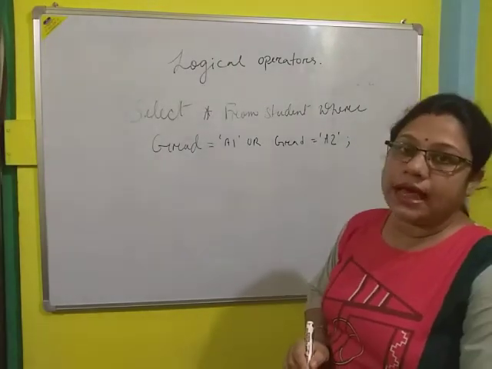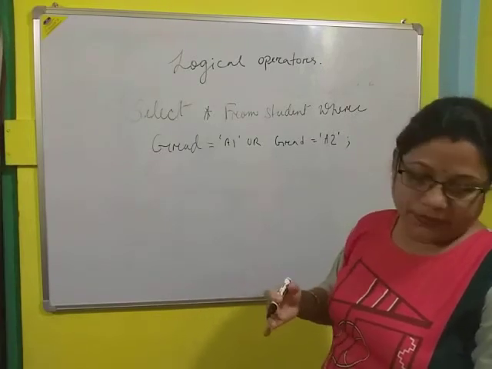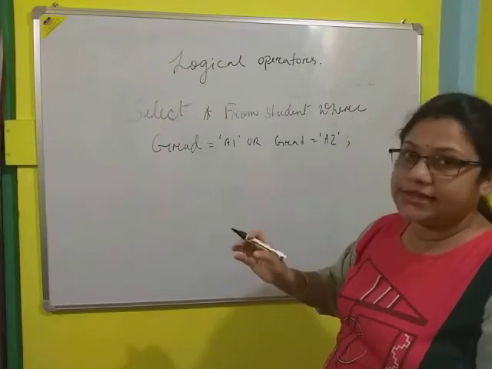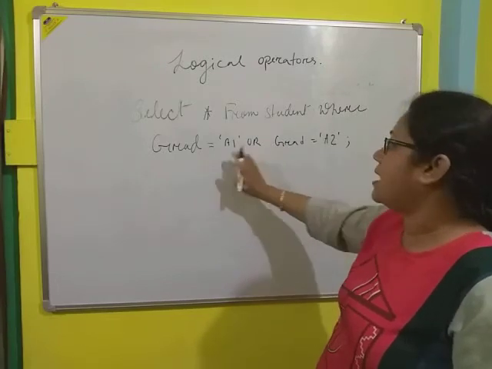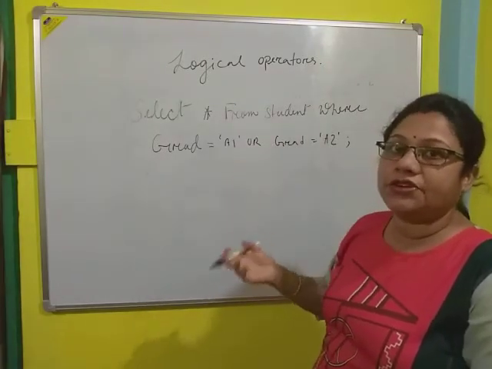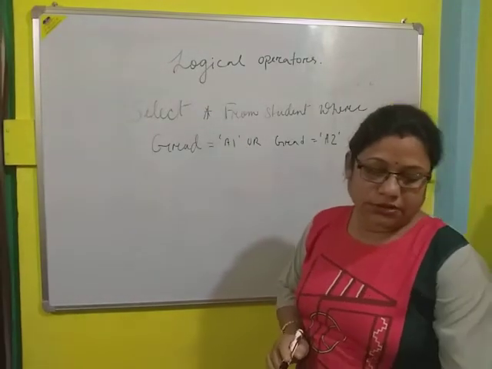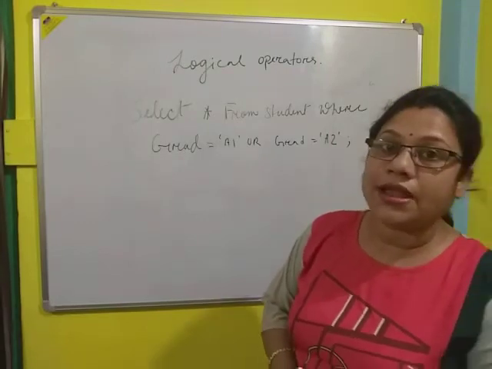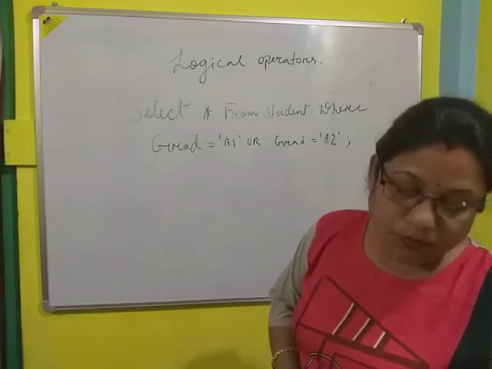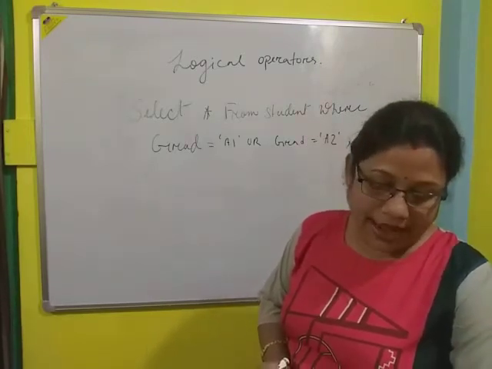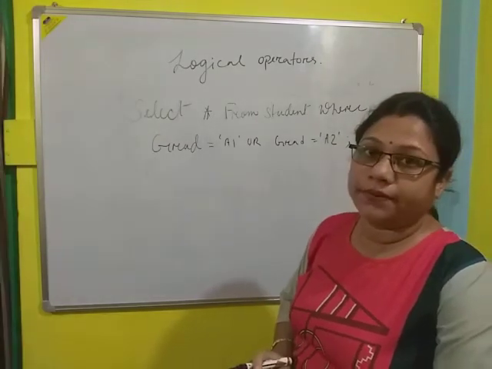Now it will display the result. Okay. So look at your book. There you notice in the figure number 12.35, 4 rows are selected that satisfy the condition using the OR operator.